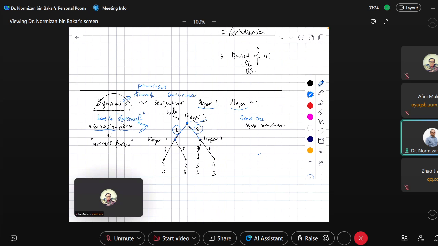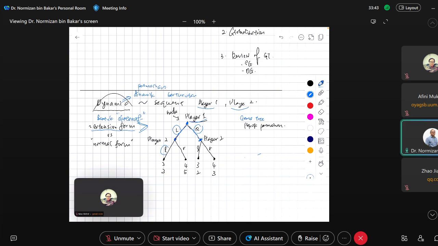Player 2 dia ada 2 pilihan juga, tapi dia akan jadi 4, sebab dia akan lihat L dengan R. So ini pilihan player 2.